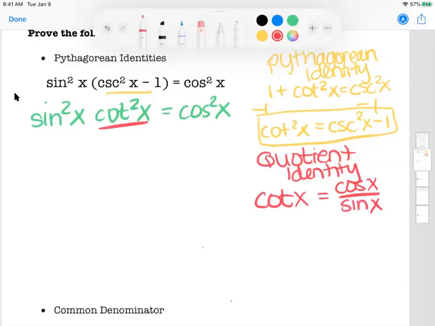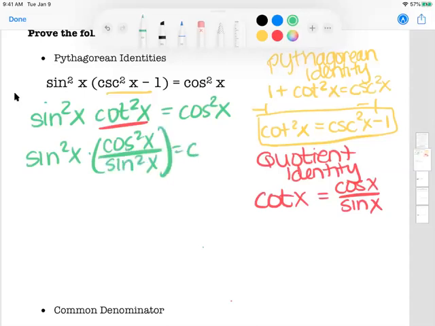So rewriting this now, swapping out that cotangent squared x for now, in this case, it'll be cosine squared x over sine squared x equals cosine squared x.